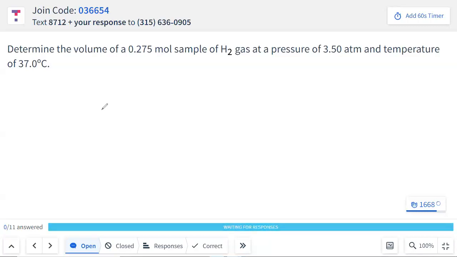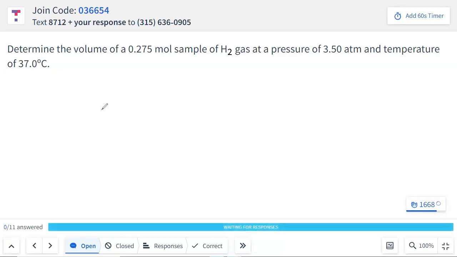So it can be confusing sometimes when you start getting into all the different kinds of gas law questions that you can be asked, in terms of, well, what gas law do I use in what situation? I'll give you a simple rule of thumb. If a question is just asking you to define parameters, like this one is, where I need to know the volume based upon these other measured values, this is where we use the ideal gas law.